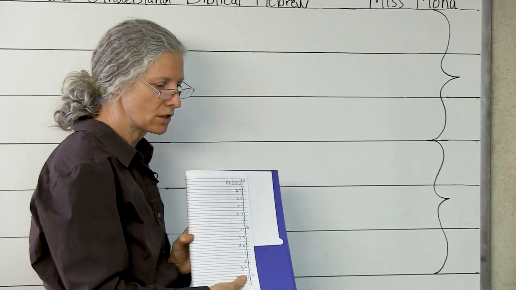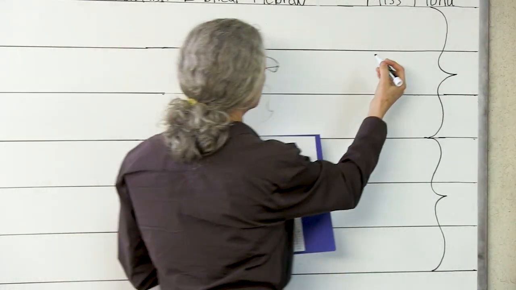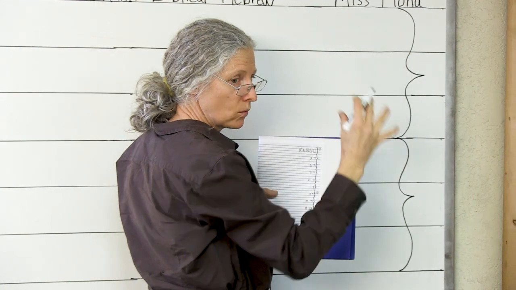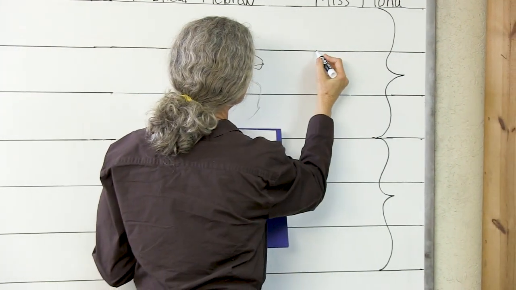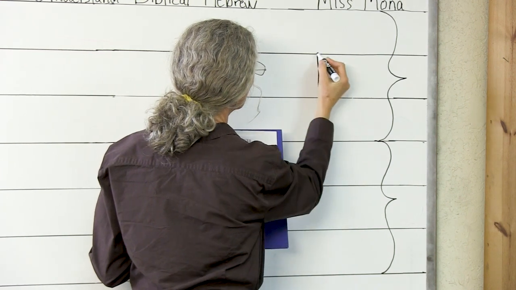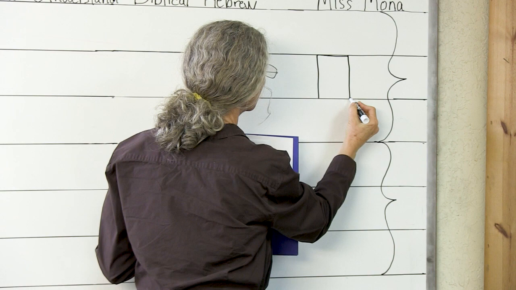So look at the page here, which has the guide. What you're going to do first, to guide yourself with the shape of the letter, is make a rectangle that's taller than it is wide. So just make a rectangle. Go ahead and make one. Right there.